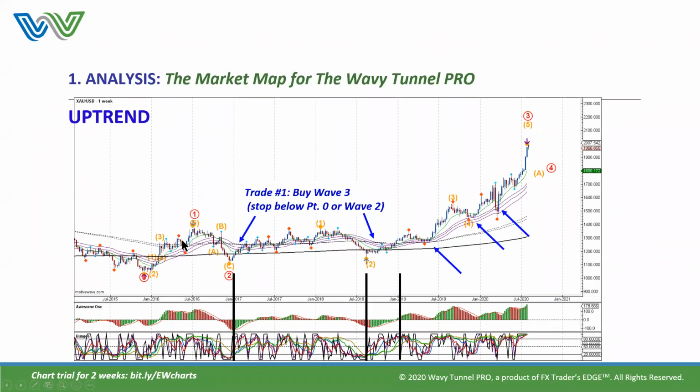They correct most of wave 1, and then you can set your stop below the price lows. So this is every time you have an 8-wave cycle within a wave 1, wave 2, the next move is going to be up.